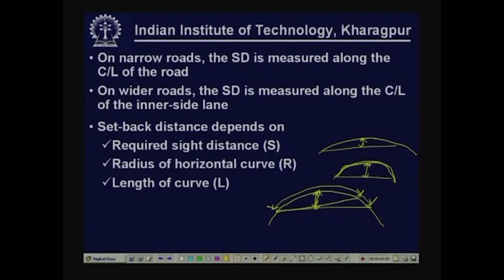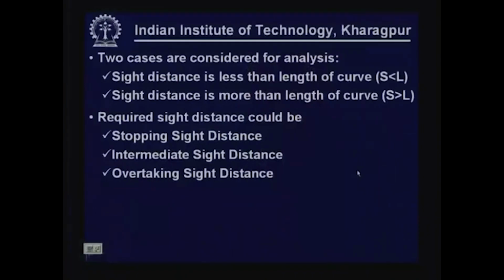It will also depend on the length of the curve. Length of the curve means length of the horizontal curve, which could again be more or less than the required sight distance. Depending on that, two different cases are considered.